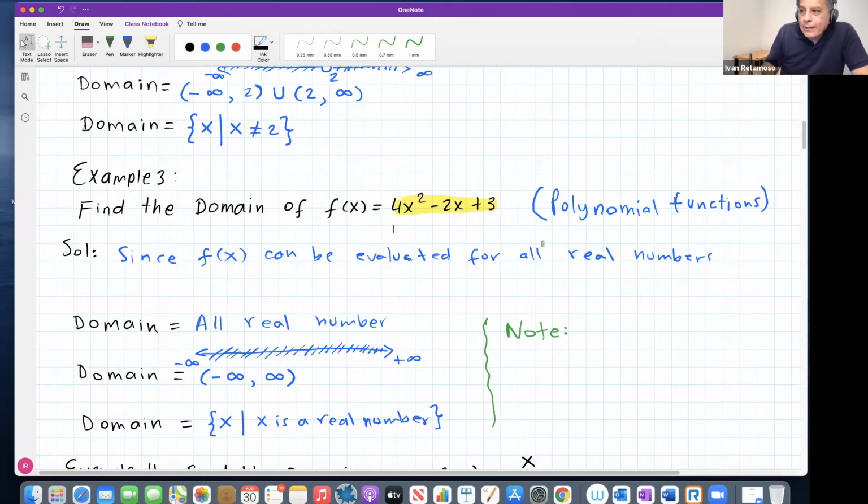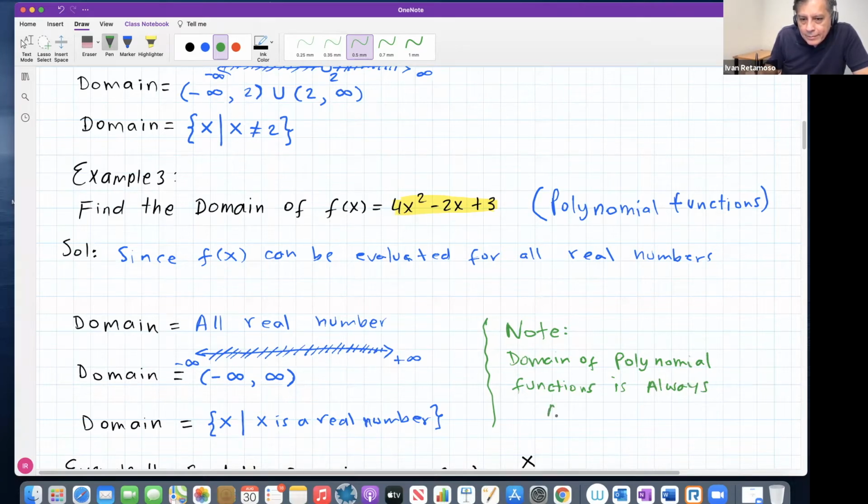So note, domain of polynomial functions, the functions whose formula is given by a polynomial, is all real numbers, always. So you see a polynomial on the worksheet, they ask you for a domain, immediately you answer all real numbers. Great.